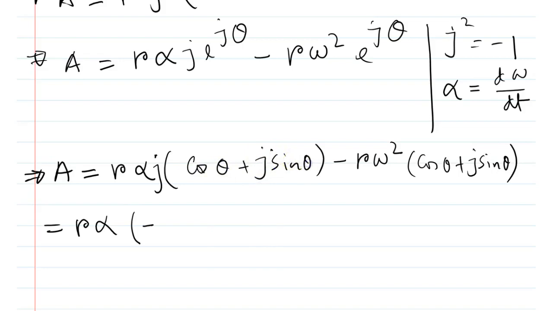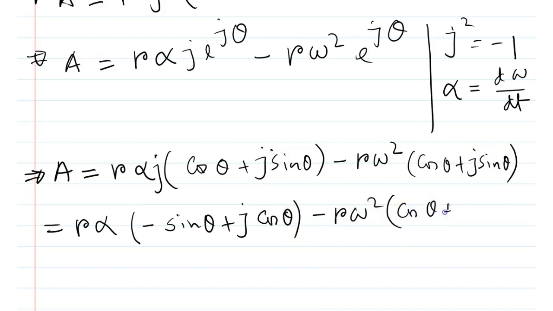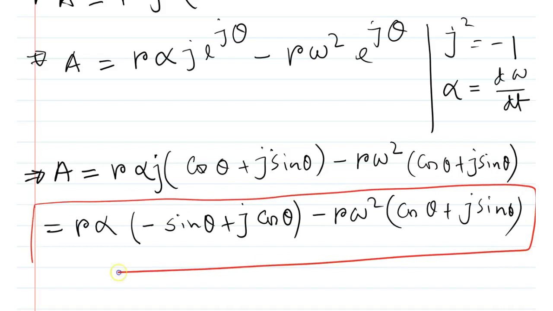So ultimately our equation would be r alpha times negative sine theta plus j cos theta, minus r omega squared times cos theta plus j sine theta. And once again, this is our generalized equation for linear accelerations.